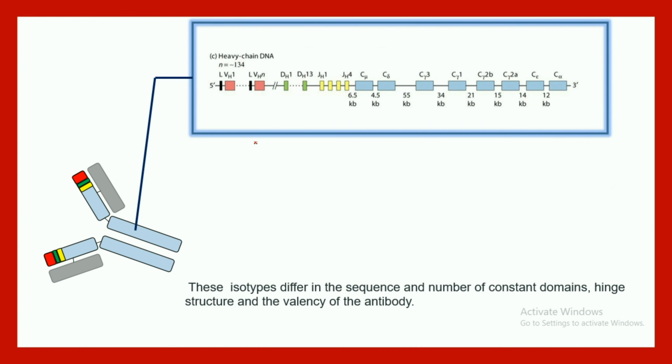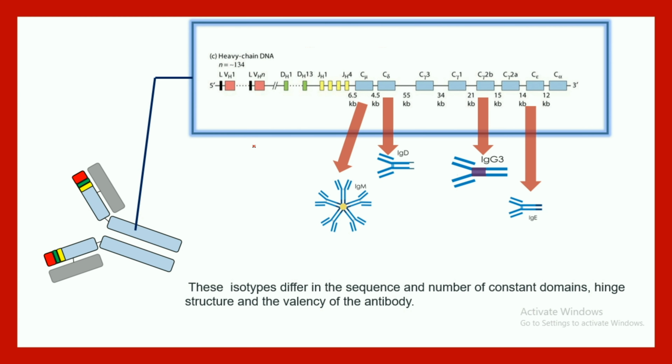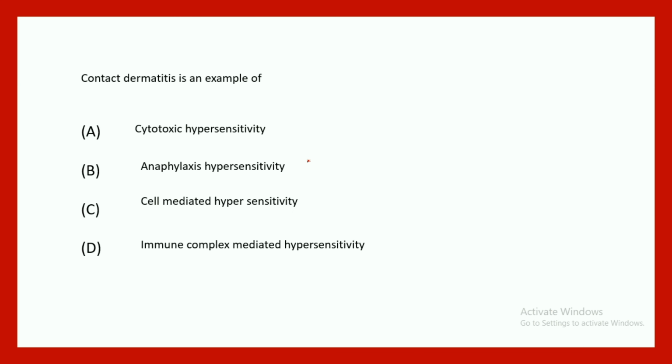So definitely all of these different isotypes are encoded by different gene segments. For example, IgM is encoded by mu, whereas IgD is encoded by delta gene segment, right? So their number of amino acids could be very different. Their constant domain, their hinge region, their valency, all of these things are different. And this is a fundamental understanding about antibody isotypes.